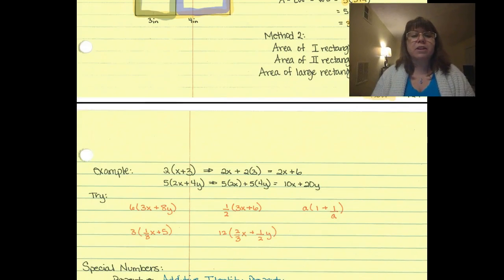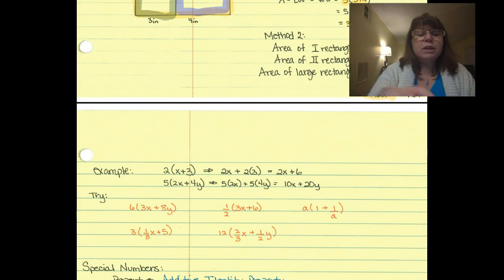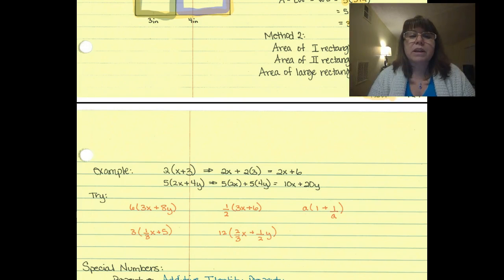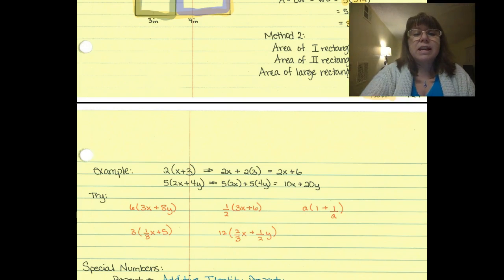Just move myself out of the way there. 2 times the quantity x plus 3. Using my distributive property, it's going to be 2x plus 2 times 3. The only extra math I can do there is the 2 times 3. So my solution is 2x plus 6. My second problem, 5 times the quantity 2x plus 4y.